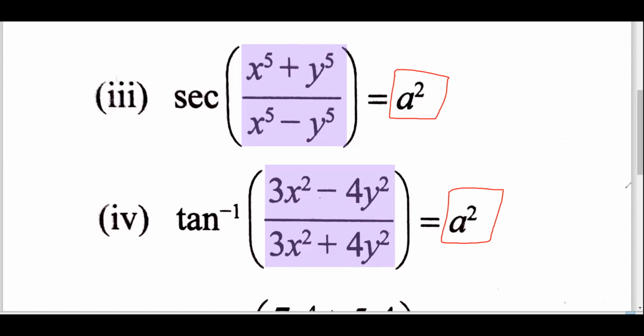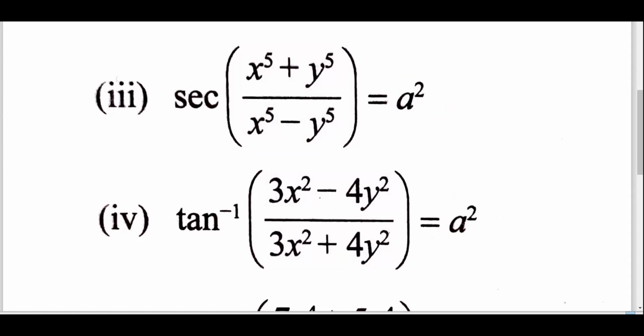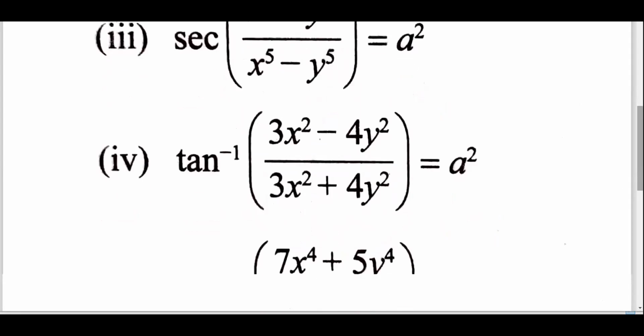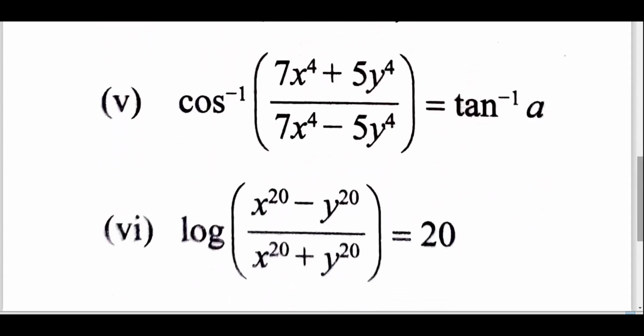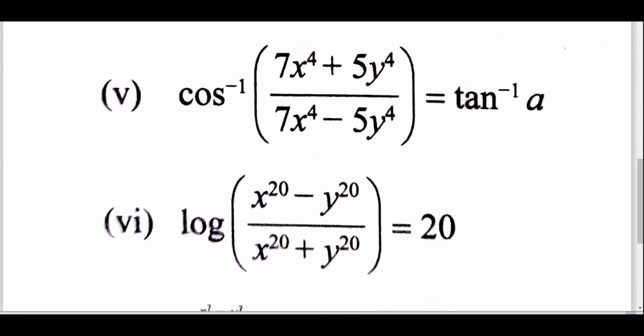Similar thing you will notice even in the other questions, like question number 5 and question number 6. See question number 5. Once again you notice the similar thing. On the right hand side, look at this, tan inverse of a. As I said, one, presence of a constant.